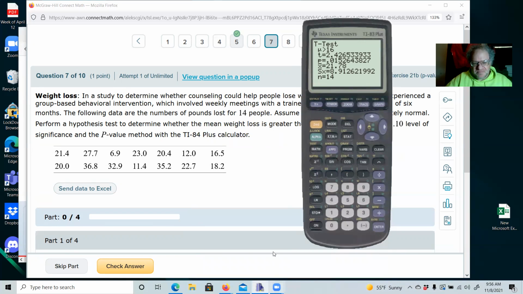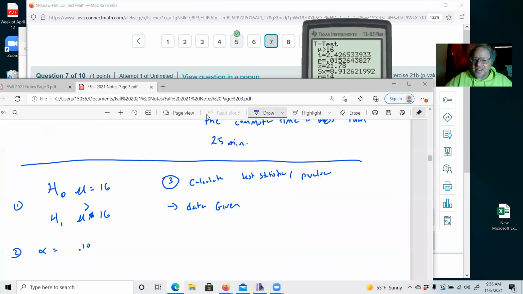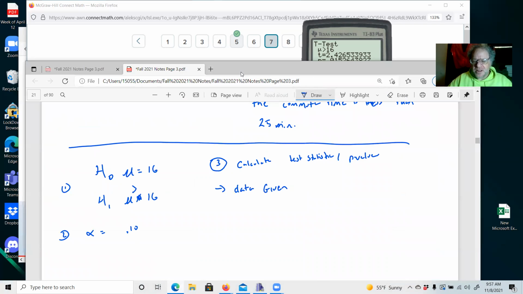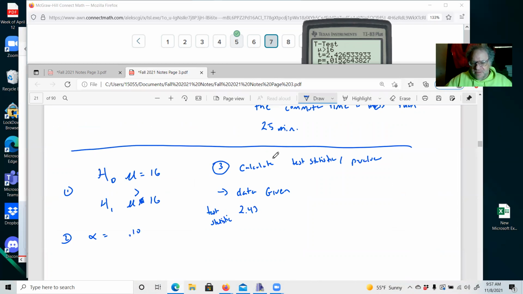All right, that looks pretty good. Okay, so our t-statistic, our test statistic rather, was 2.43. This is our test statistic. All right, and now we're going to have a look at our p-value.